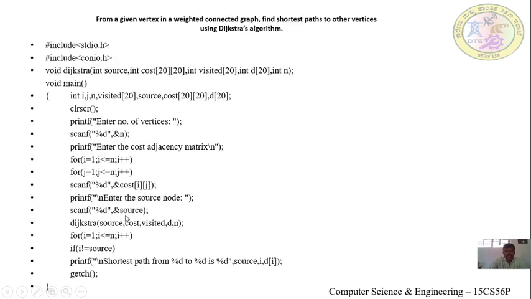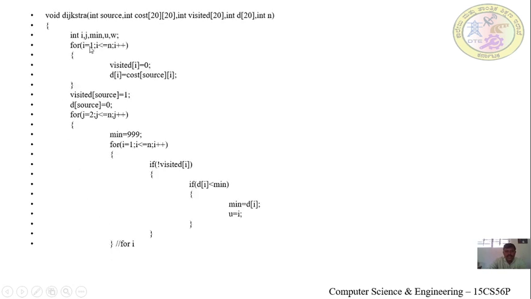Now similarly we call the Dijkstra function here. In that Dijkstra function, we find the distance from one vertex to all other vertices. If not visited, visit it and note down the distance. If it is less than infinity or less than the previous value, update the minimum value.